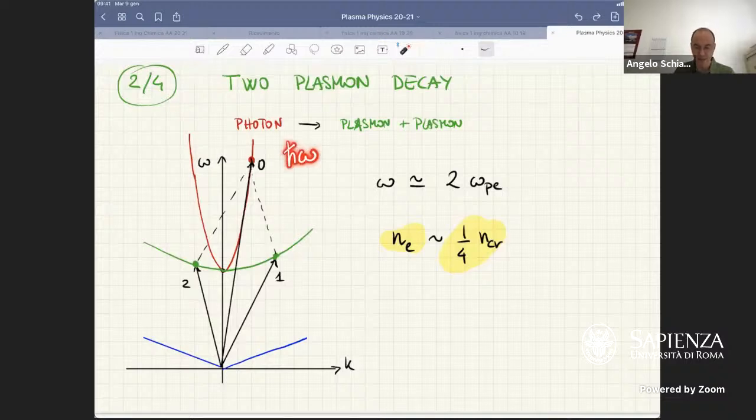So this is the energy that we want to couple, for instance, from the laser to the plasma. And you see that this process splits this energy into two components. One is an electron plasma wave that travels in the same direction of the photon.